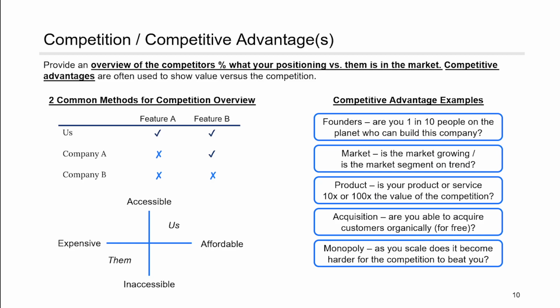So if you're able to frame yourself as we are these two positive characteristics, we exist in this position in the market, and everybody else is, some are accessible, but they're expensive. Some are inaccessible, but they're affordable. We happen to have not only one of the good characteristics, but both of them, right? This is another way that if you're not trying to compare feature to feature and it's more of a core business difference or a distinction in offering or a distinction in focus, the positional way of the x-axis and y-axis can be very helpful.